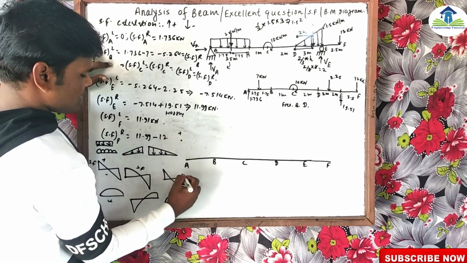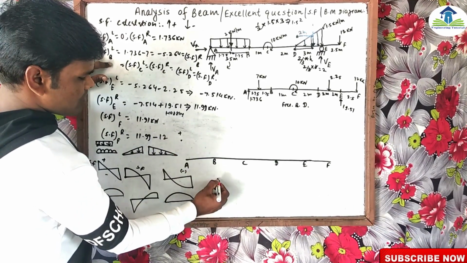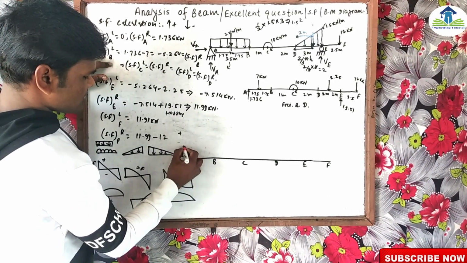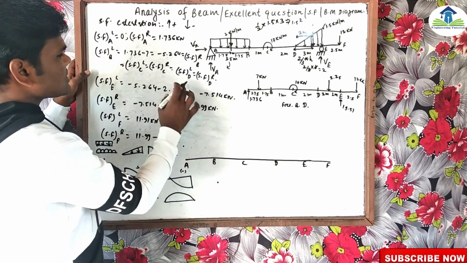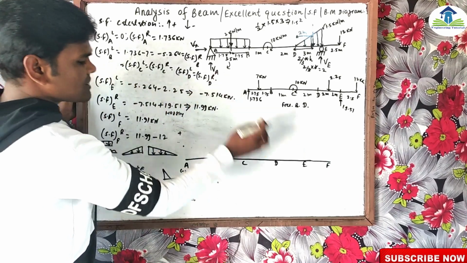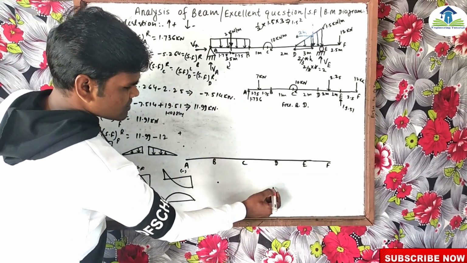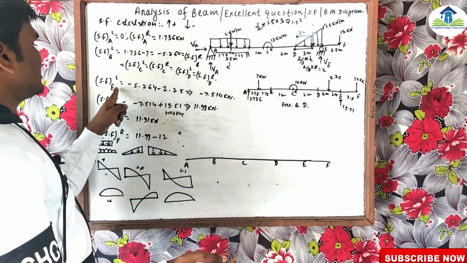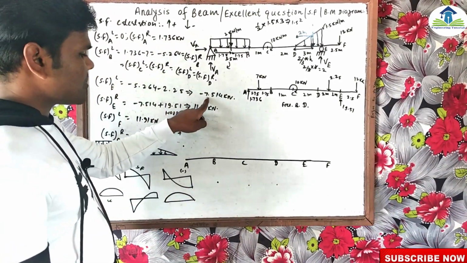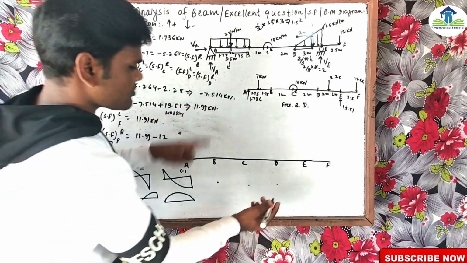This is the positive part and this is the negative part, and it continues like this up to point D on the right side. This will be a similar force, and for E left, the total vertical force is 7.5.